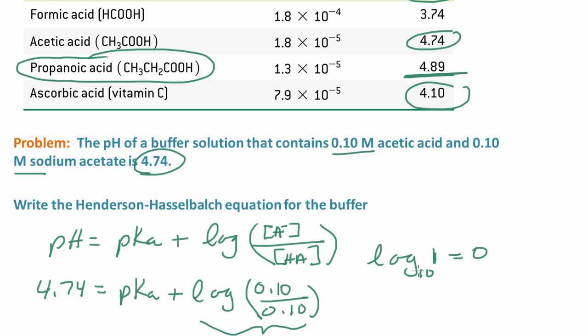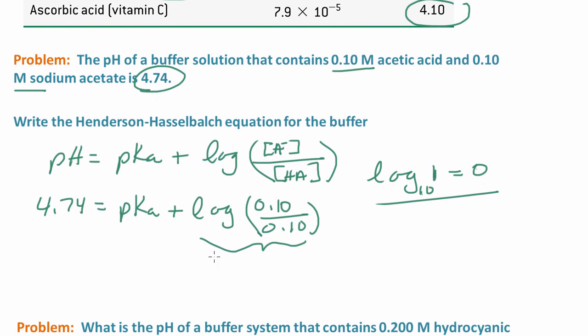Okay, because this is log base 10. 10 to the 0 is 1. So if this is equal to 0, then in this case, our pKa is equal to the pH. And that's true. When the ratio is equal to exactly 1, then pH is equal to the pKa of the acid.